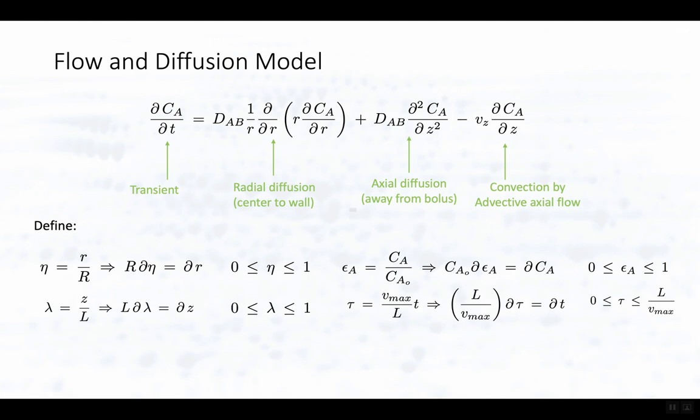Eta sub A is the concentration of the analyte in the bolus. Well, we saw from the previous experiment that when we first load the bolus in, that's where it has its maximum concentration. So we call the initial concentration the maximum.